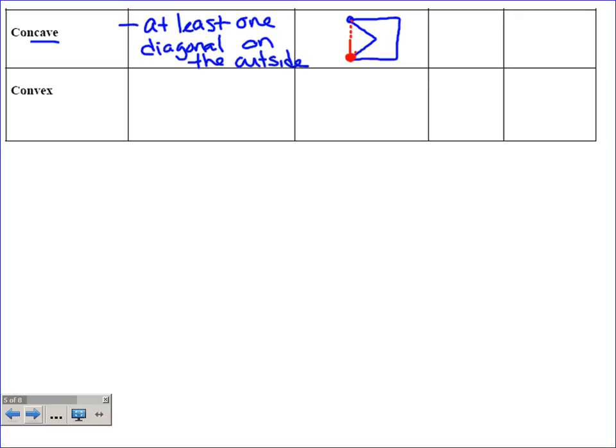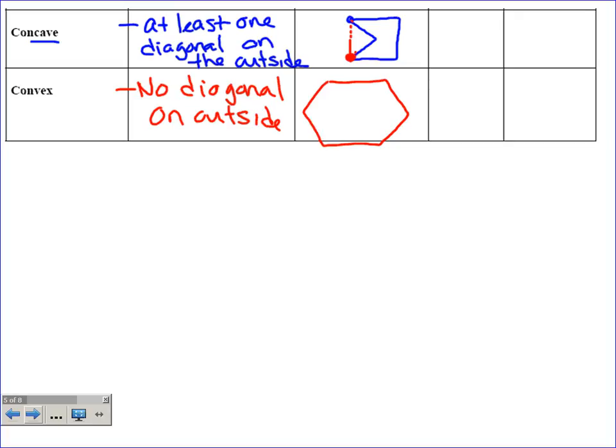Convex is just the opposite. It has no diagonal on the outside. All of them are on the inside. So pretty much any shape that you normally think of, if you drew all these diagonals, I'll draw them from over here, all the diagonals are on the inside.